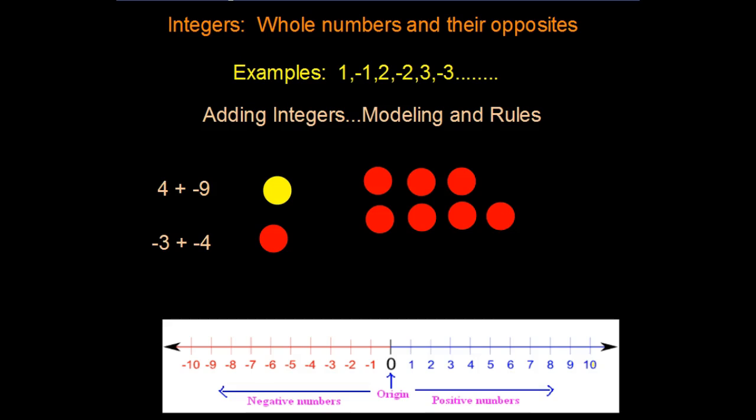Before we were going to be marking out zero pairs, a positive and a negative, but I don't have any positives over here, they're just all negatives. So I have no zero pairs. In order to get my answer, I have to keep all of these guys. 1, 2, 3, 4, 5, 6, 7. My answer to this one equals, and again it's 7 negatives, so my answer is -7.